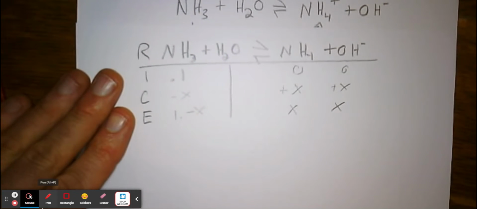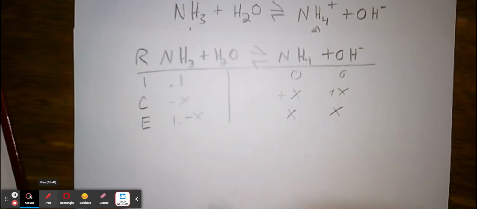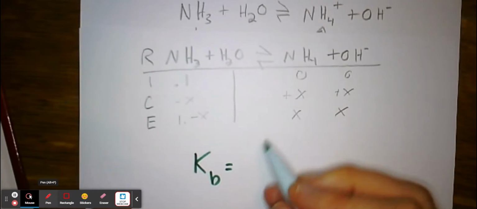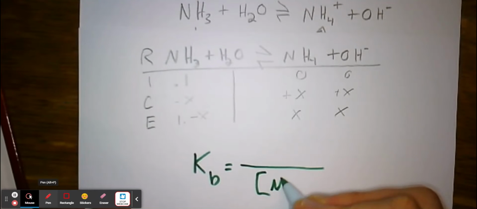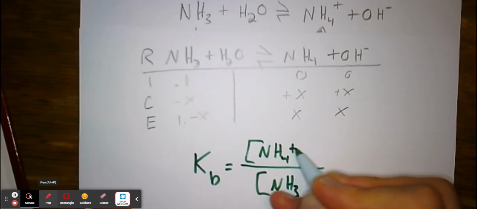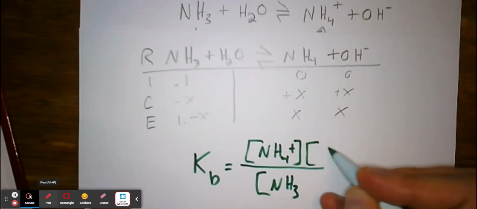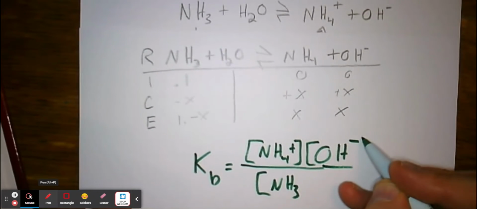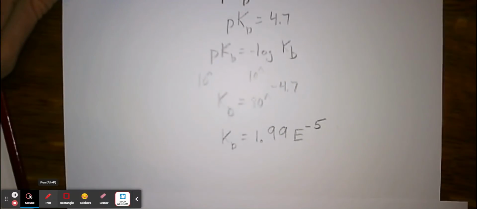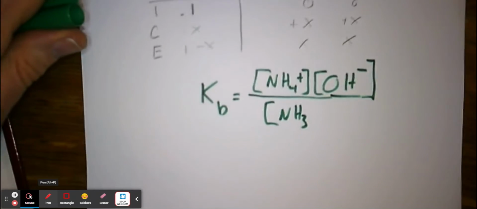Anyways, now I'm going to use my Kb equation. Kb is going to be, according to my equation, my concentration of ammonium times hydroxide over my concentration of ammonia. There's my Kb value, 1.99 e to the negative fifth.